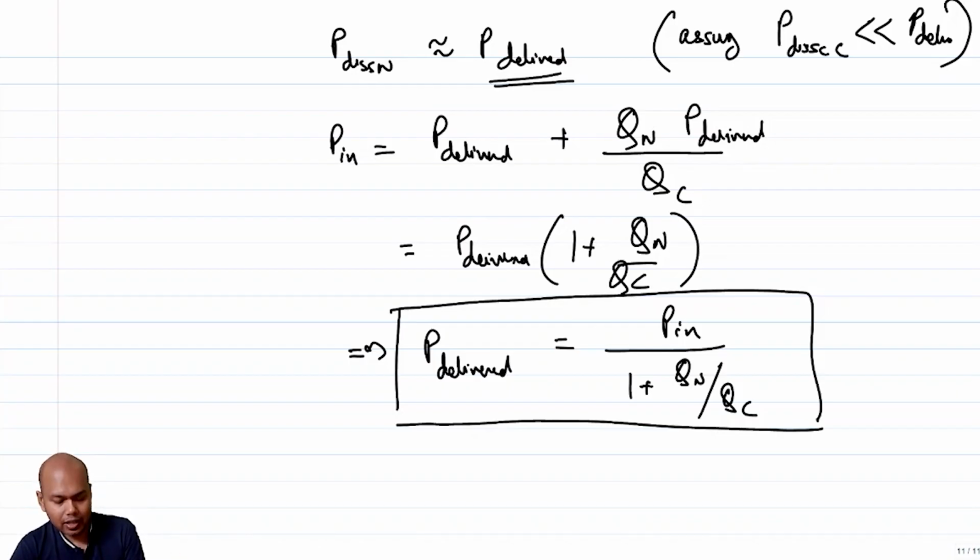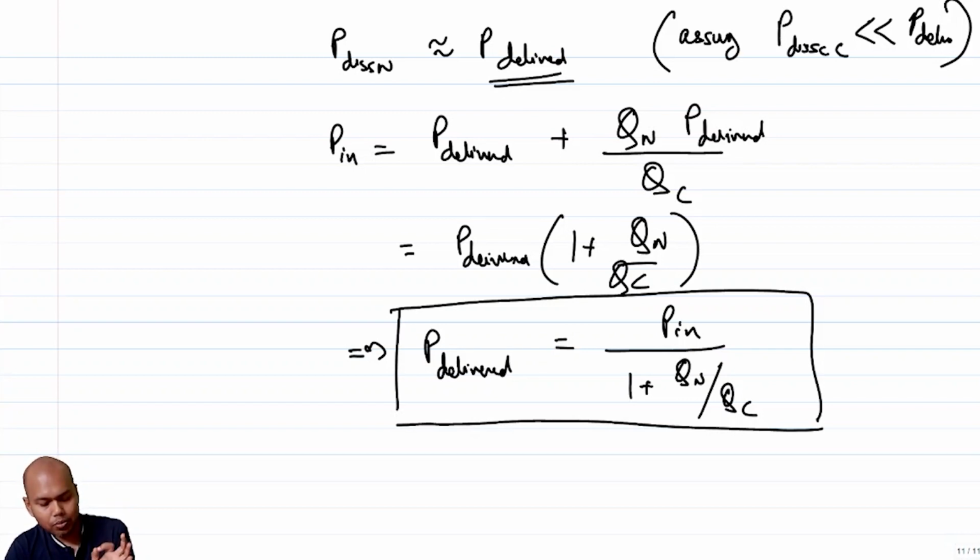If QC is finite, then there is a loss. As much as you try, you will never be able to make QC infinite. There will be a technology limit beyond which you cannot make higher and higher QC. So for a given QC, the power delivered is essentially power input by 1 plus Qn by QC.